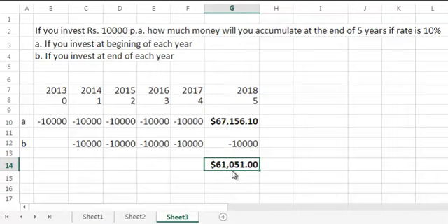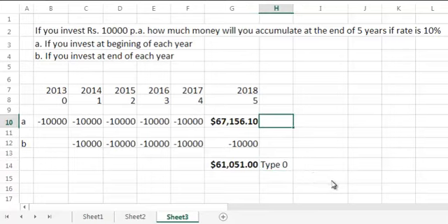And now how much less, you ask? Is there a relationship between the answer that you get from type 0, which is 61,051, and the type 1 answer? Well, it turns out that what has happened with type 0 is that each investment has lost 1 full year, and the rate of interest for that 1 full year is 10%.